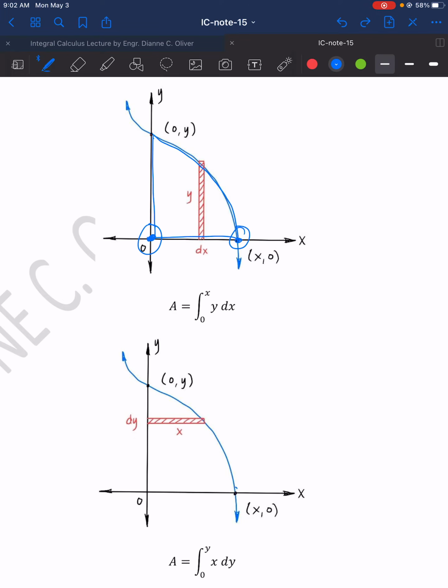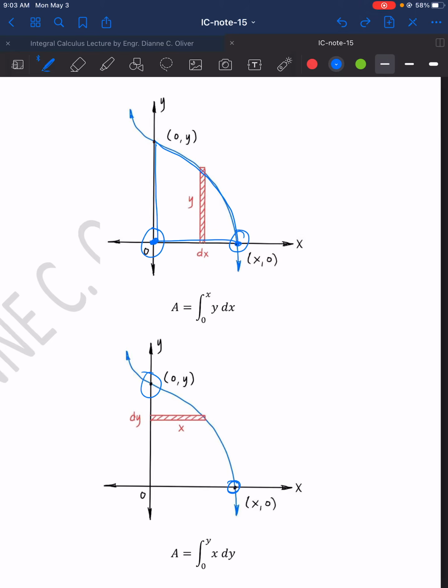And we have it as y is equal to 0. So that's why we have 0 here. Then for the upper limit, it is the highest intersection point of the boundaries. So we have there y. Okay, so that's how we determine the area strip to use, and the upper limits and the lower limits.